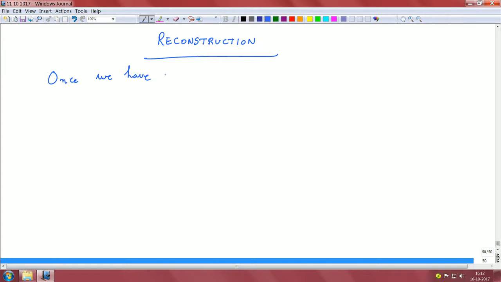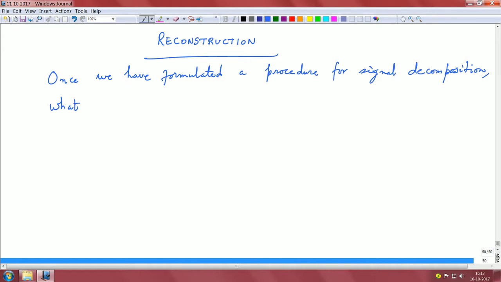So, now let us get into the reconstruction part. Once we have formulated a procedure for signal decomposition, what it really boils down to is the goal, what we need next, right.